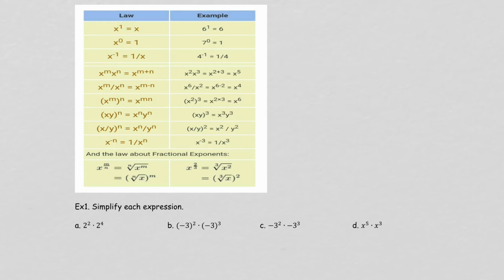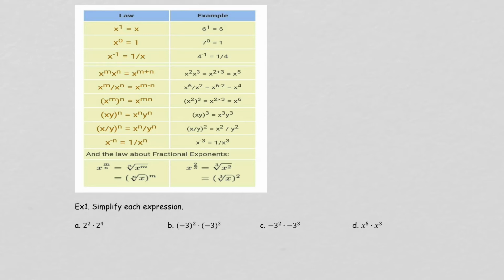So x to the m over n exponent, the numerator becomes a power, and the denominator becomes the index of the radical. So if we have 2 over 3, 2 will be your power, 3 will be the cube root. Again, we will talk a little more about exponents in later sections, but these are the very basic ones that we're going to go over.